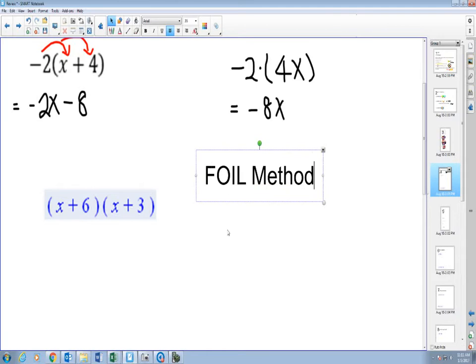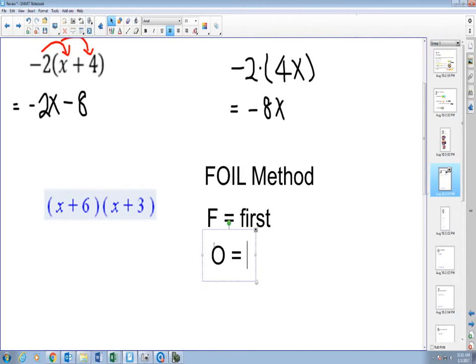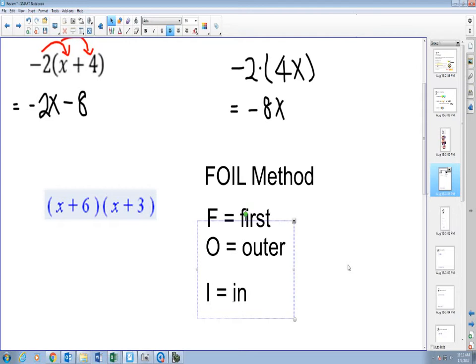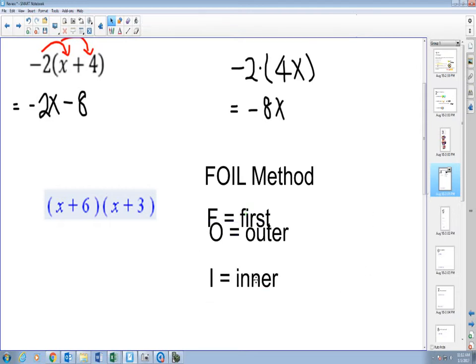As you can recall, the F stands for first, the O stands for outer, the I stands for inner, and the L stands for last.